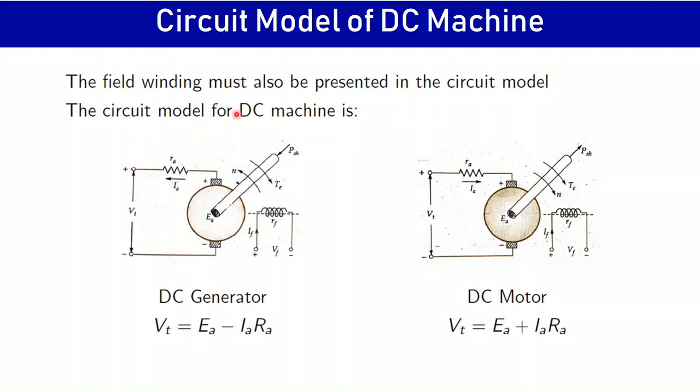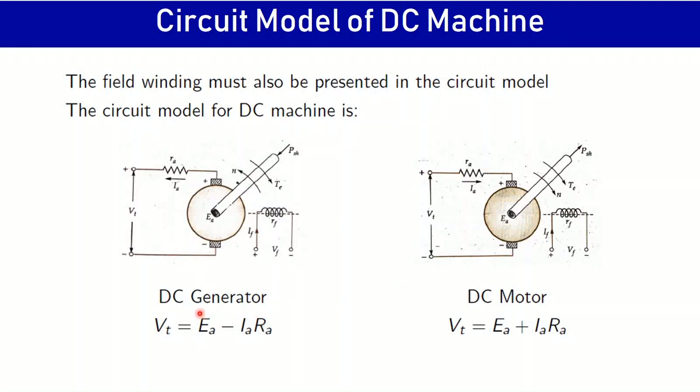The field winding can also be easily presented in the circuit model. So here the field winding is shown with an inductor which represents the winding. Vf is the field voltage and If is the field current. So this is how a complete circuit model of a generator and a motor looks.